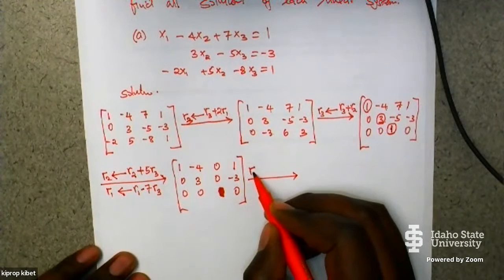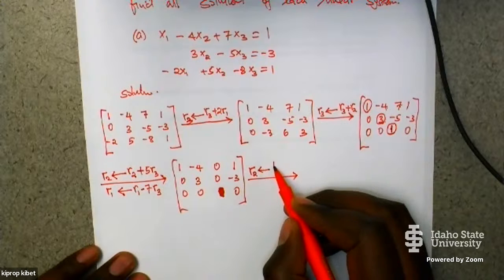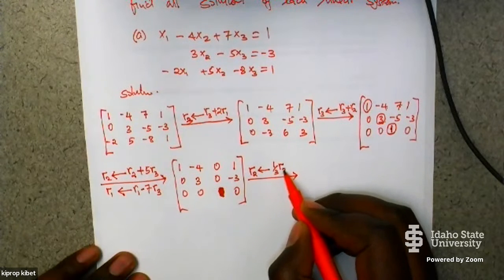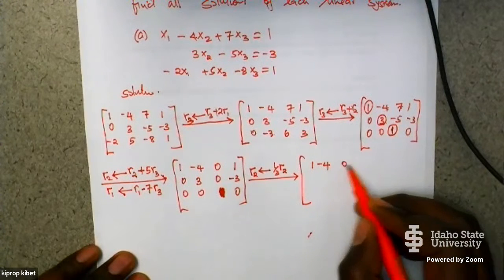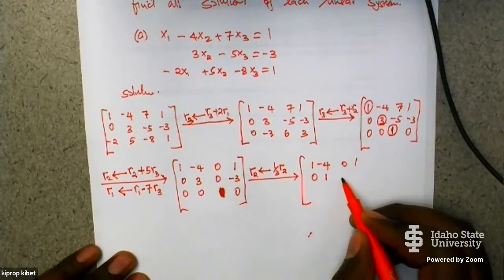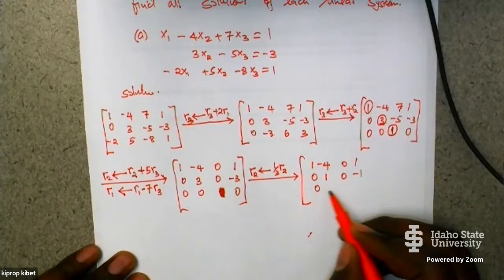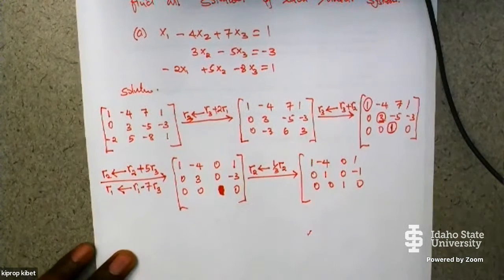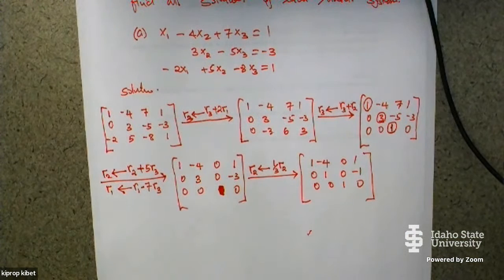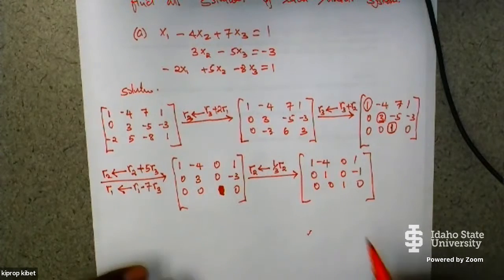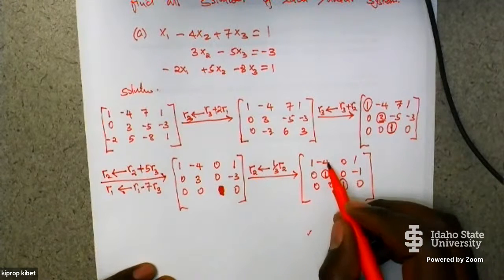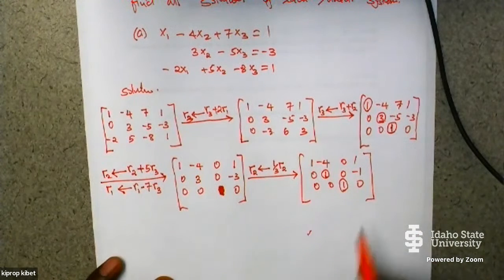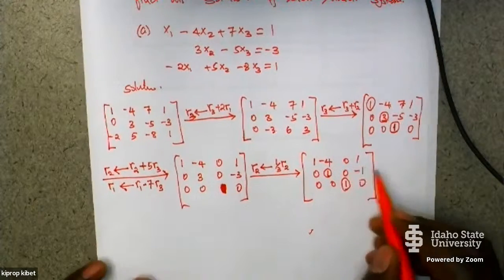So the new R2 will be 1/3 multiplied by R2, which gives us 1, minus 4, 0, and 1, and then 0, 1, 0, and negative 1, 0, 0, 1, and 0. 0, 0, 1, 0. Now, these are the leading entries. We already made this one 0. We now want to make this 0, and that one 0.